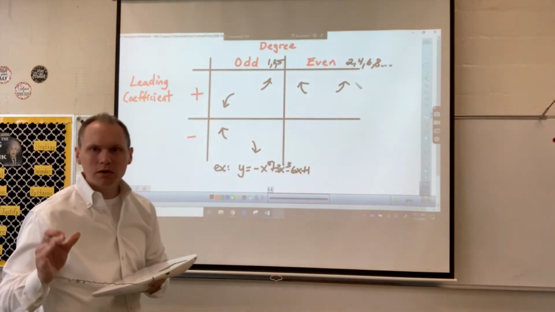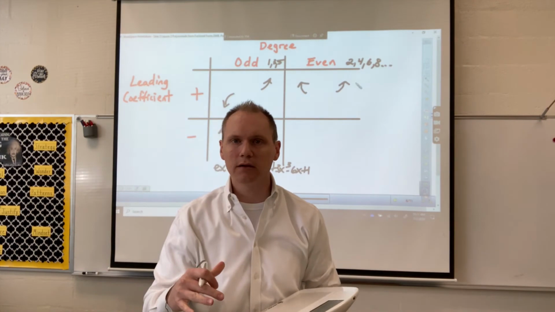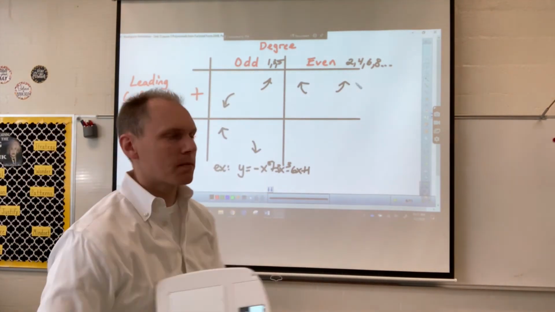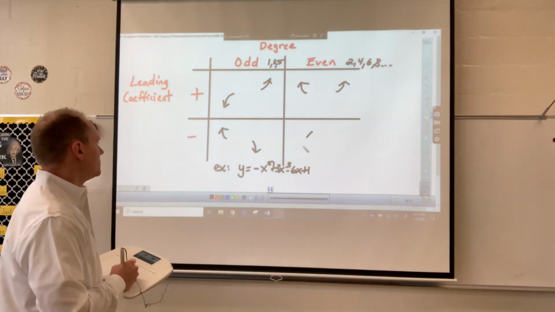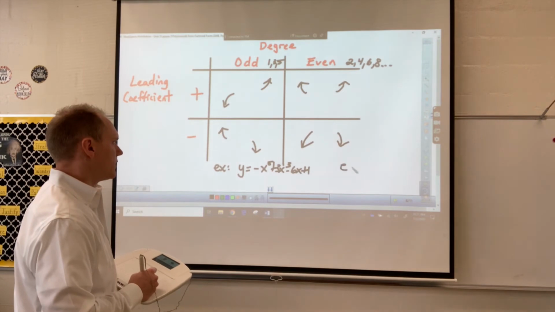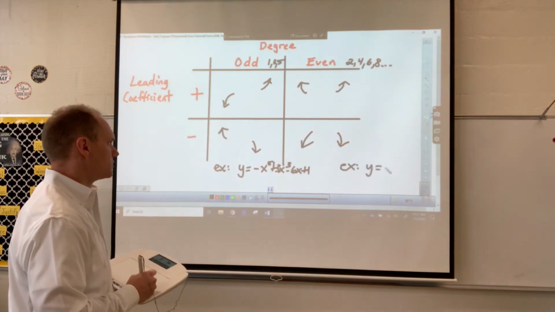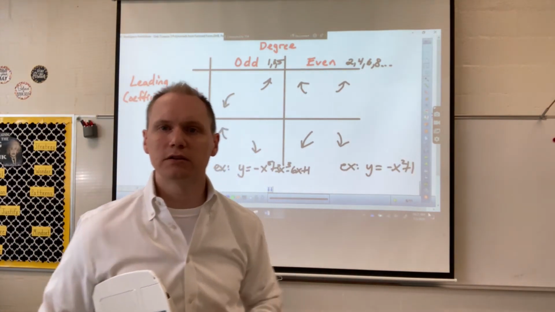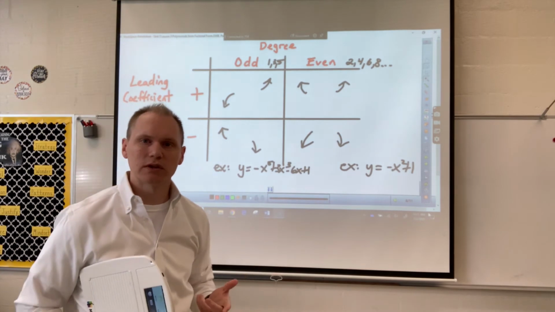And again, there may be some stuff happening in between, but in the far ends of the graph, they all behave the same. Or it could be down and down if it's a negative out in front. An example of that one might be y equals negative x squared plus 1 or something like that.